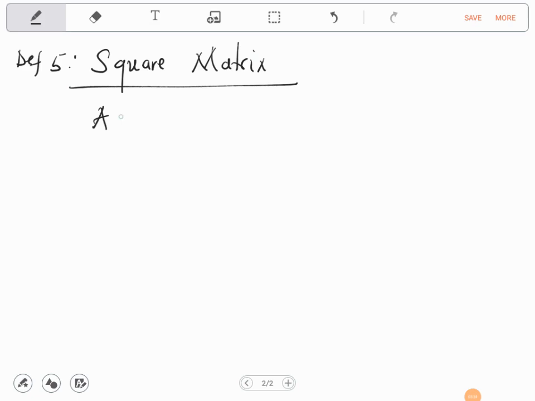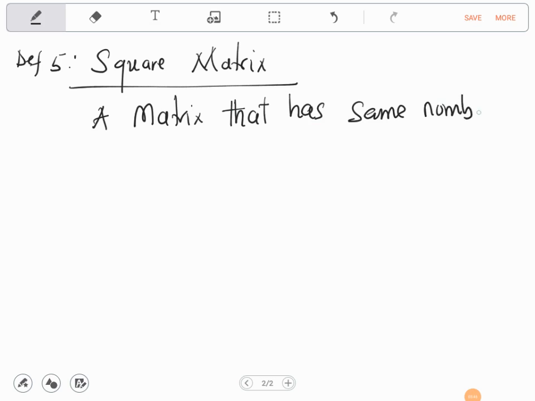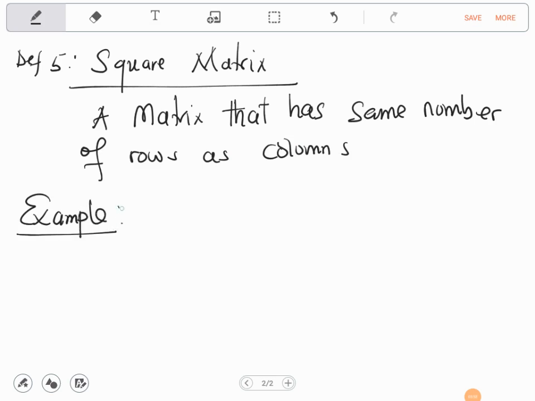A square matrix is a matrix that has the same number of rows as columns. For example, 2, 1, 0, 3. There are 2 rows and 2 columns. So this is a square matrix.